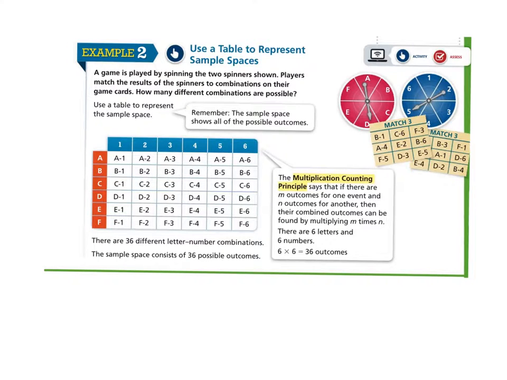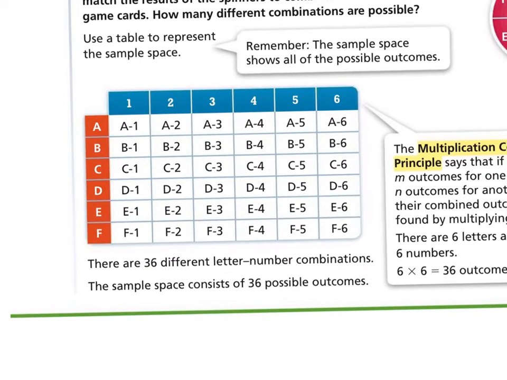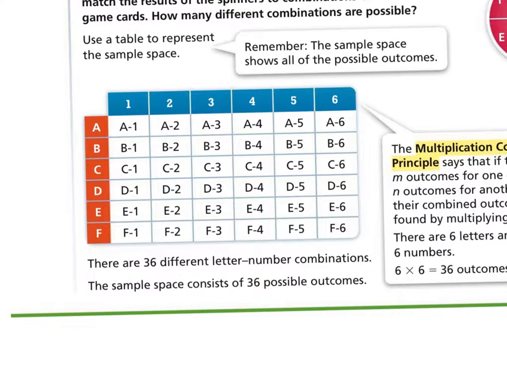Example 2, a game is played by spinning the 2 spinners shown. Players match the results of the spinners to combinations on their game cards, kind of like bingo. How many different combinations are possible? What they did here is make a table, and they're actually using their table to represent their sample space.